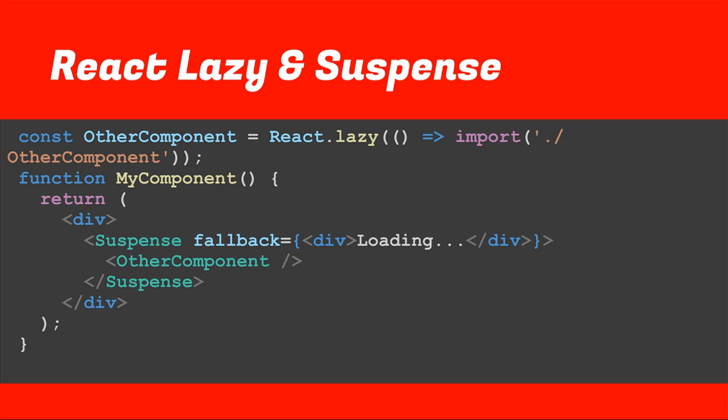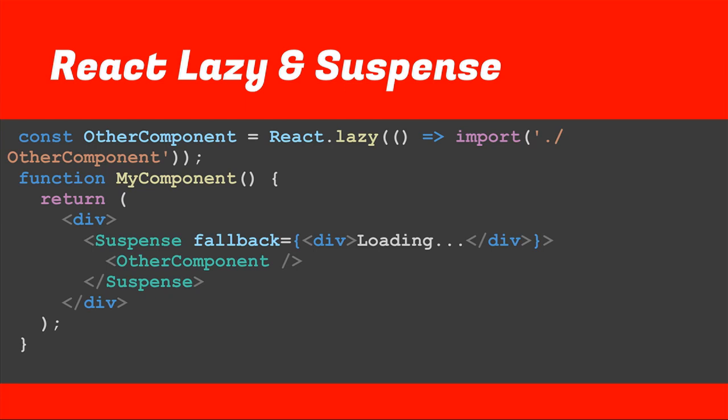Yeah, and then another problem with a big React project is if you've got a huge bundle of JavaScript containing loads of libraries, it's going to take ages if that all needs to load before you see your first page. So what you can do is split your code and then lazy load items as and when they're needed. And while your component is being lazy loaded, you can use Suspense to render a fallback component.